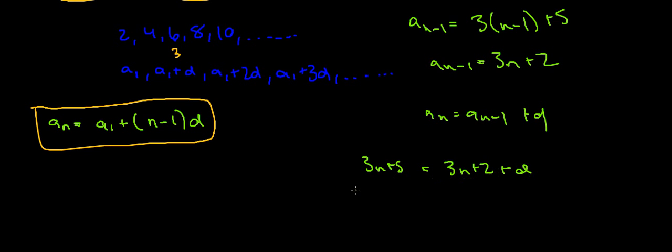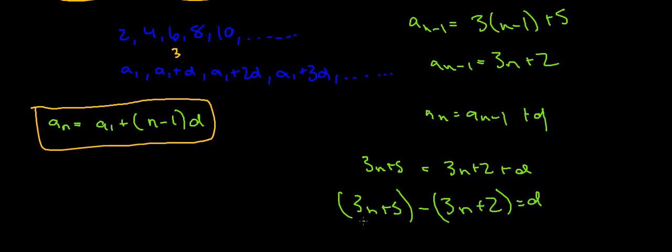And then I just subtract. So these n's will cancel, and then positive 2 plus 5, so d is equal to 3.